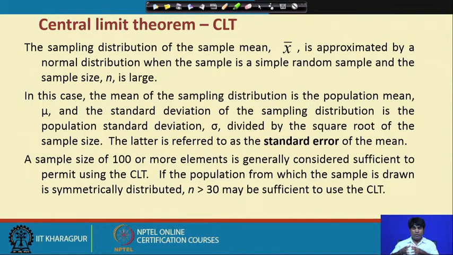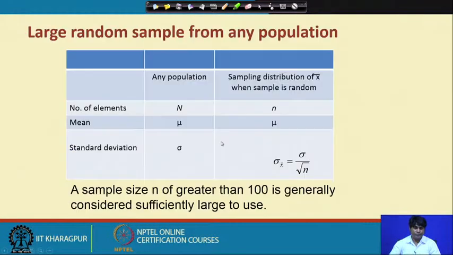So the central limit theorem gives you clarity and confirmation whether a particular distribution is normally distributed, and what the requirement is for the distribution to converge to normal.